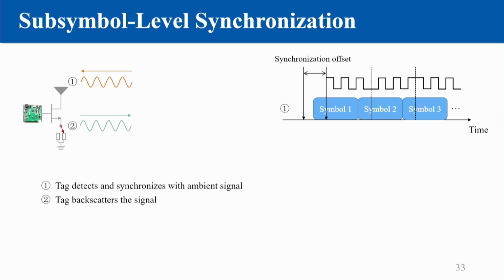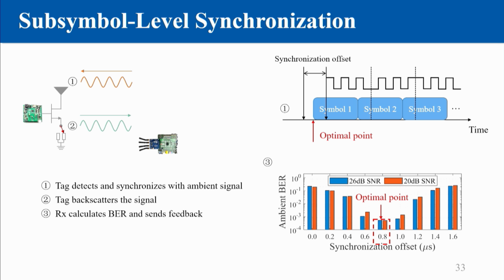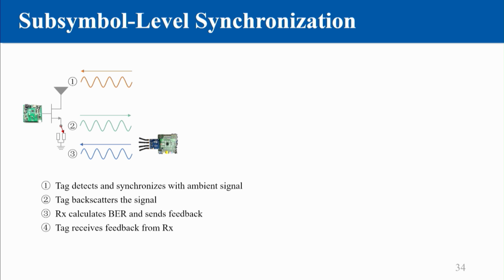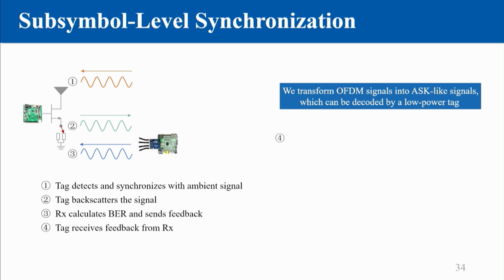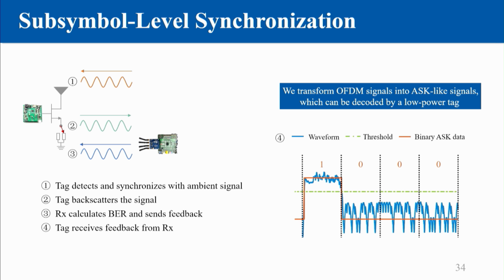Upon receiving the backscatter packet, the receiver demodulates ambient data and sends a response about whether the tag takes the optimal synchronization point. In the end, the tag receives feedback from the receiver. In order for the low-power tag to decode data from the receiver, we transform OFDM signals into ASK-like signals, which can be decoded by an envelope detector.